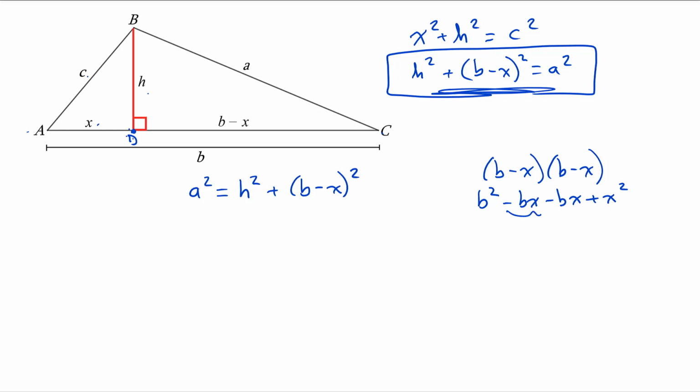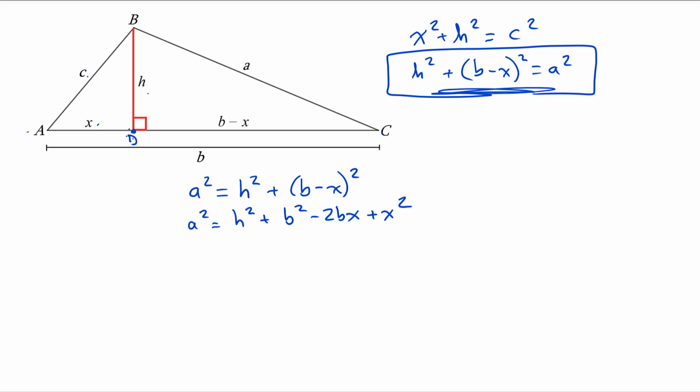Combining like terms, we have a negative bx and a negative bx, so that's minus 2bx. So we have h squared plus b squared minus 2bx plus x squared.